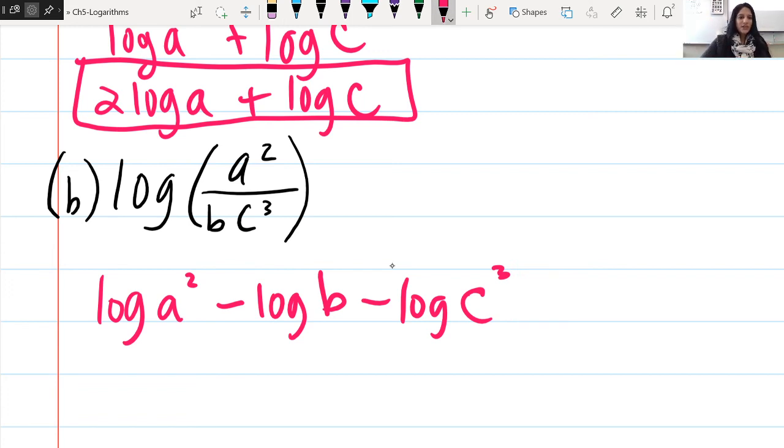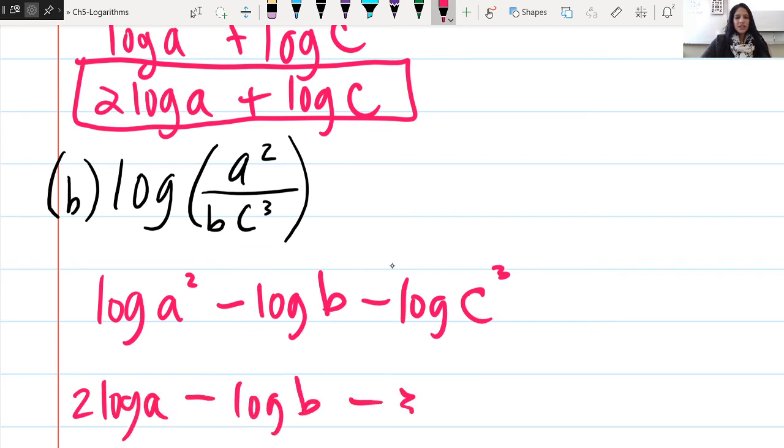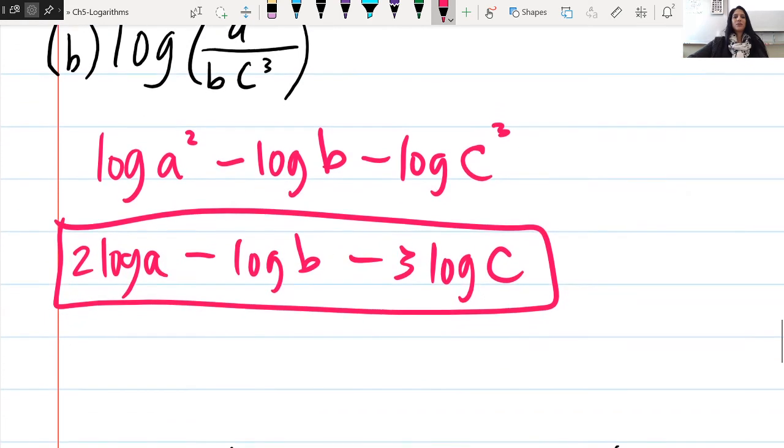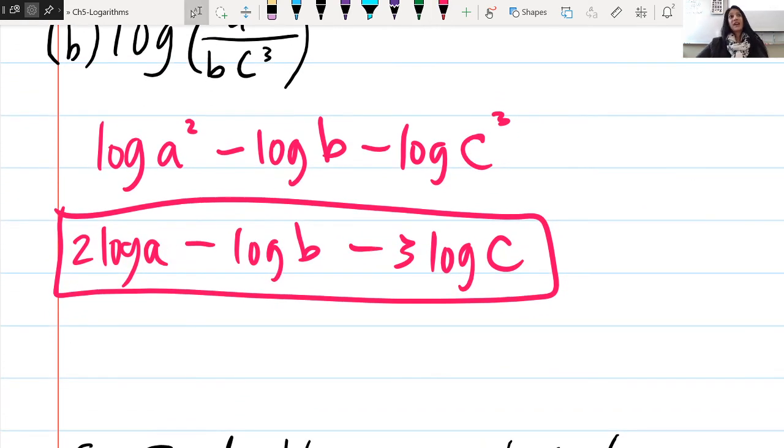And then we just want to separate them even further. 2 log a minus log b minus 3 log c. I'm just writing them out for you because I feel like you're all okay at this point with that. Good?